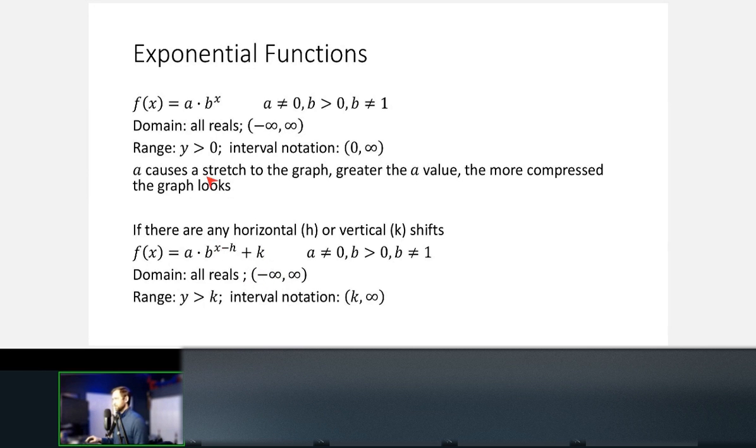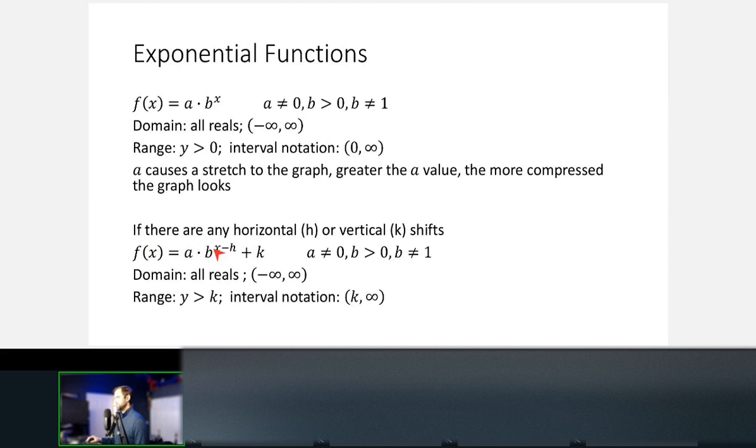Domain is all real numbers, of course, just like if it was no shifting going on. And the range for the parent function, I call it, it's from 0 to infinity. Now, because of a vertical shift, whether it's up or down, determines your range interval. It's all based on the vertical shift.